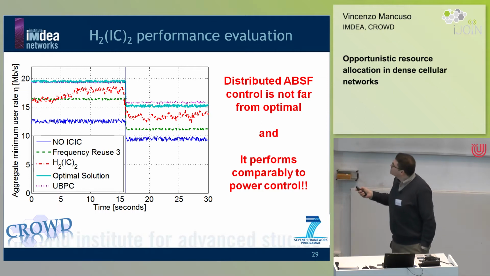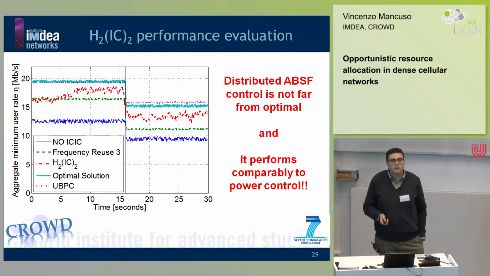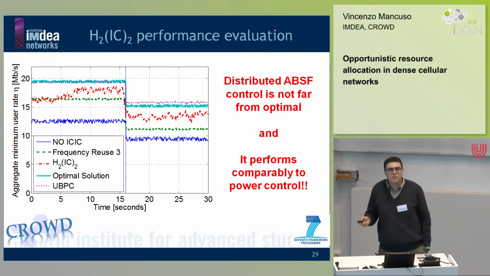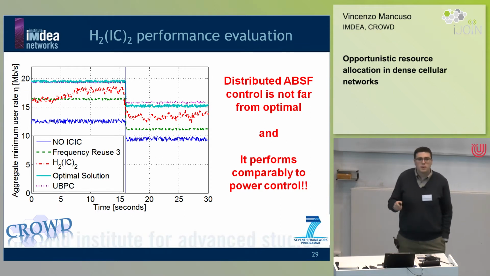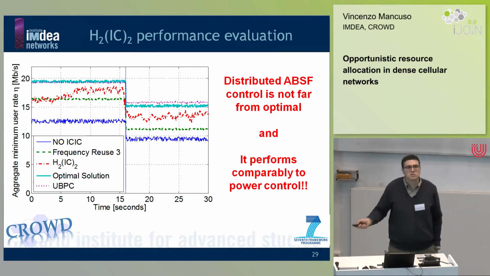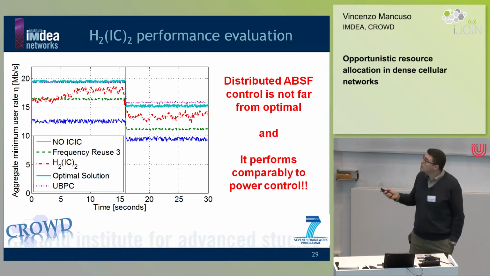And another thing is that the results we get are also very close to what can be done with power control, that we don't use, actually. We don't use it because we don't want to, and because we think that, especially for the downlink of a base station, it's going to be quite hard to implement power control on the TTI, on the millisecond time scale. But if you can use power control on top of it, you can combine the effect.